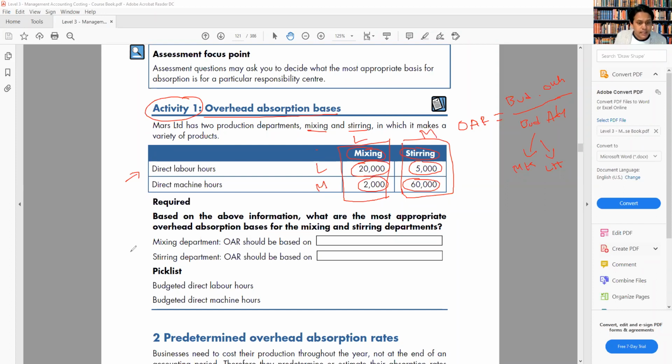Now the question is asking, the mixing department OAR, overhead absorption rate, should be based on what? Pick from the two, budgeted labor hour or budgeted machine hour. The mixing department depends on labor, so we said labor hour.